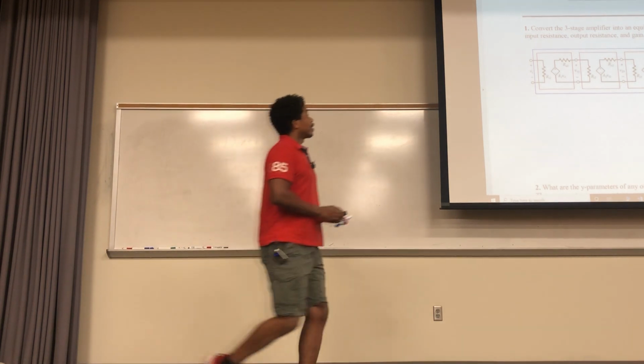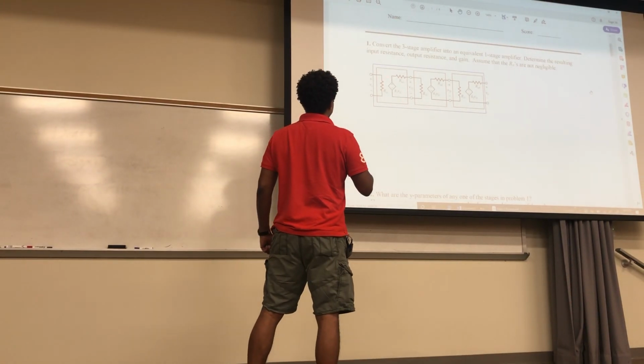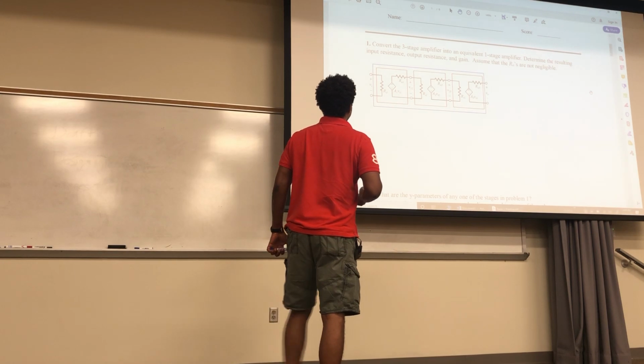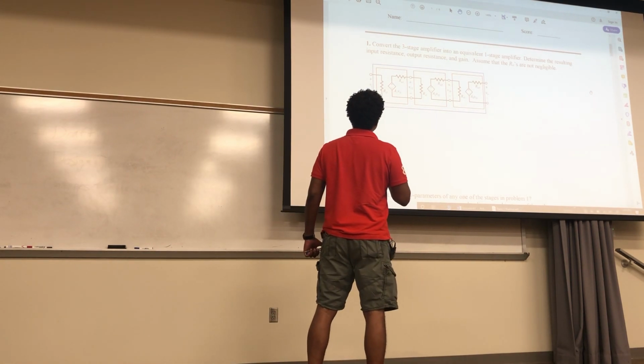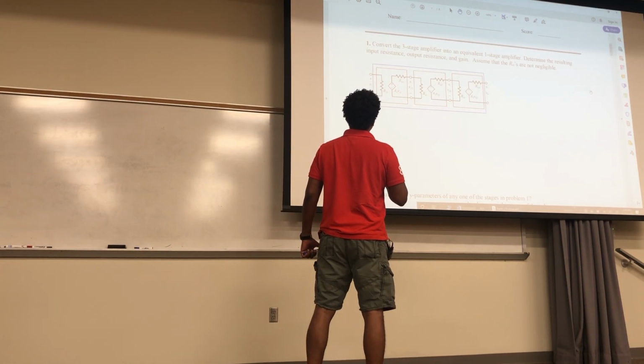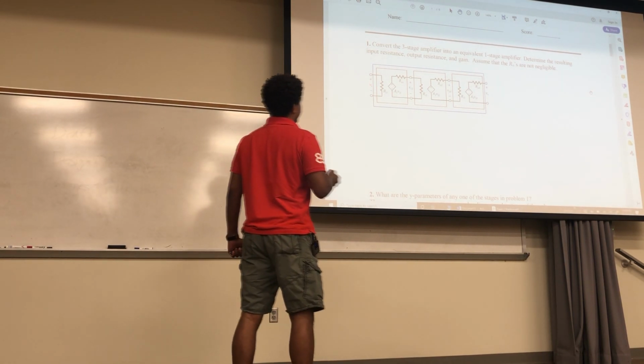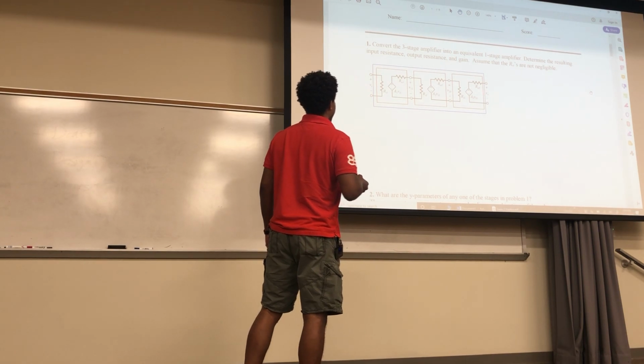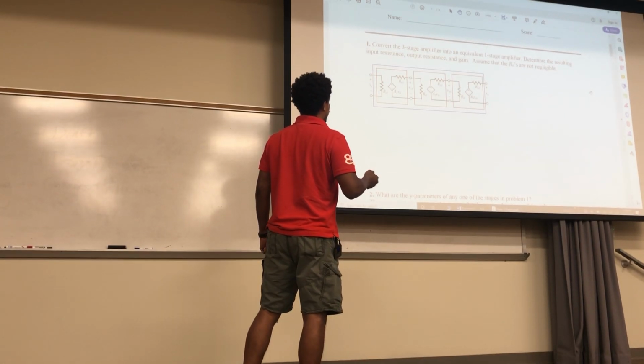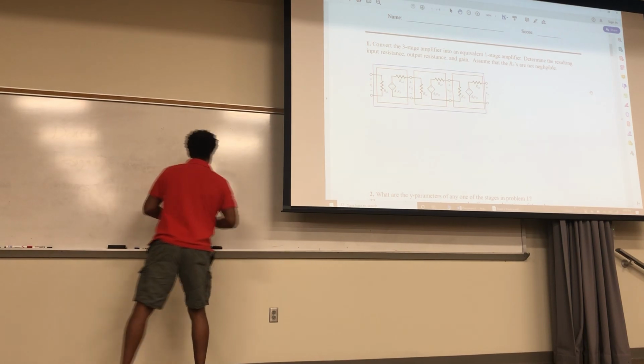Okay, so in this case, we have 3 stages right here, right? Each one has a voltage-controlled voltage source. We have this input right here, this output, and we want to convert this whole thing into a 1-stage, and the 1 stage looks like this.